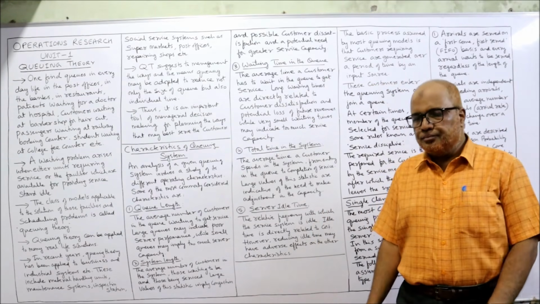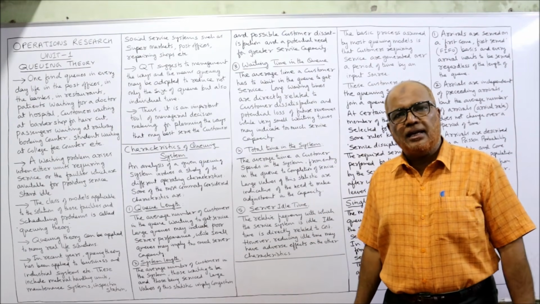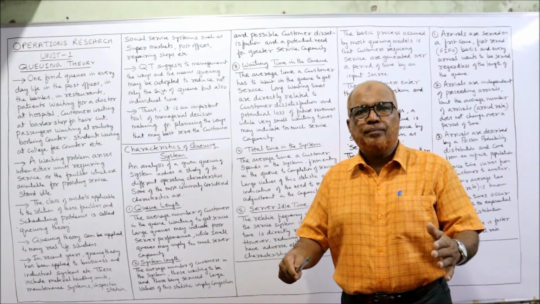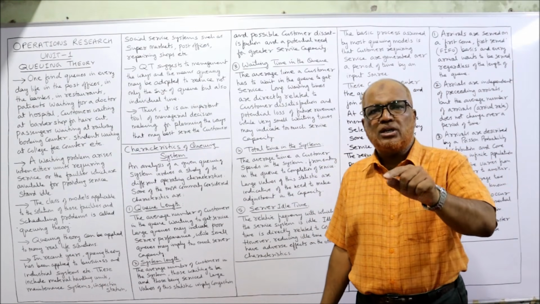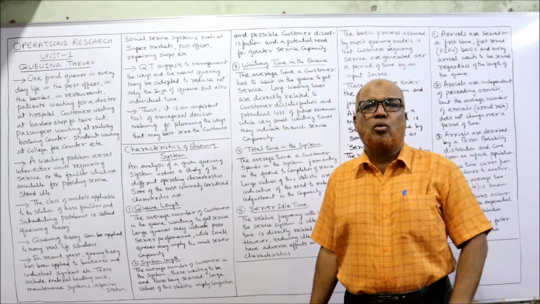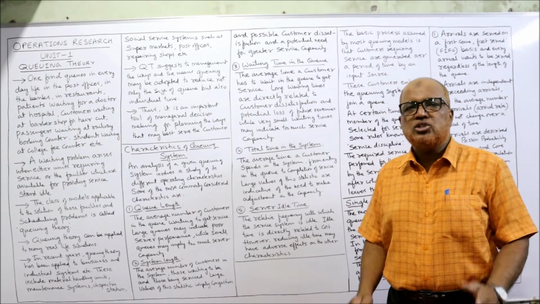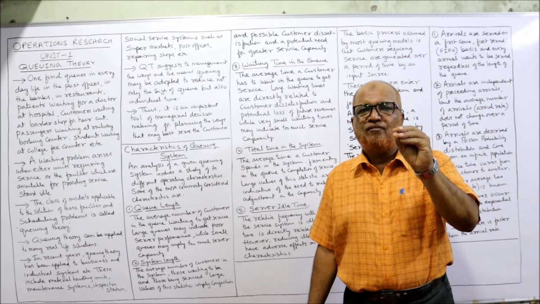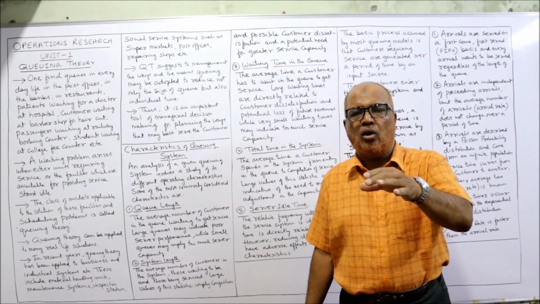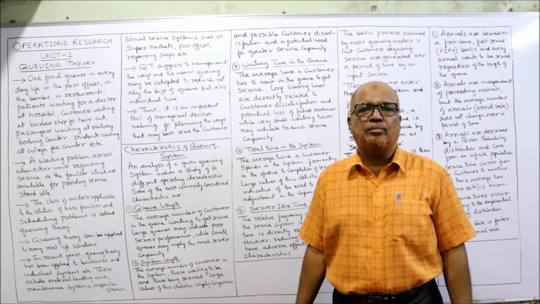Simple example I'll give you. In a doctor's clinic, in a hospital, patients are coming and waiting in a lounge. One by one, a patient will go to the consultation room and get the service from the doctor. Suppose 5 patients are waiting in the lounge and 1 patient is getting the consultation from the doctor.